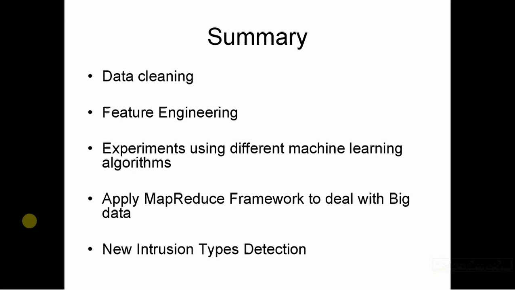Then, because of the low efficiency of the KNN algorithm, I applied this algorithm onto the MapReduce framework to deal with big data. At last, for the new types in the test set, I used an unsupervised machine learning algorithm called k-means to find the unknown labels in the test set.